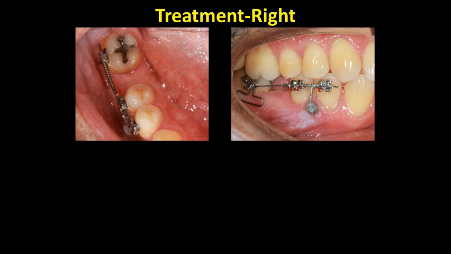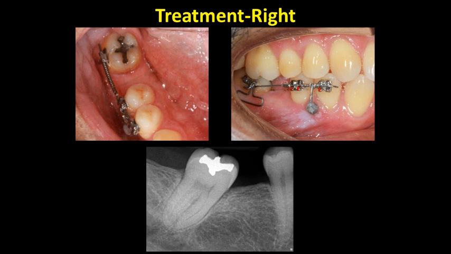So the treatment on the right. The first thing that's very important here is the brackets are placed and the wire on the facial is placed before we do the surgery. Because remember, there's a window of opportunity of about 8 to 10 months, and you want to activate the treatment the day after the surgery is done or the day the surgery is done.